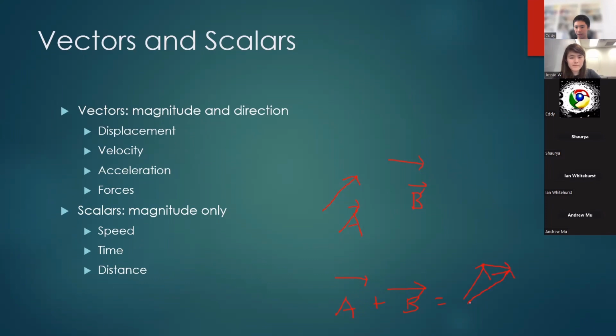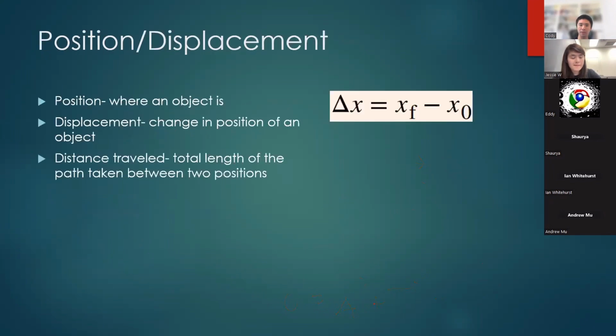That would be your final vector, so let's call it vector C. If there's an arrow above a letter, that indicates it's a vector.